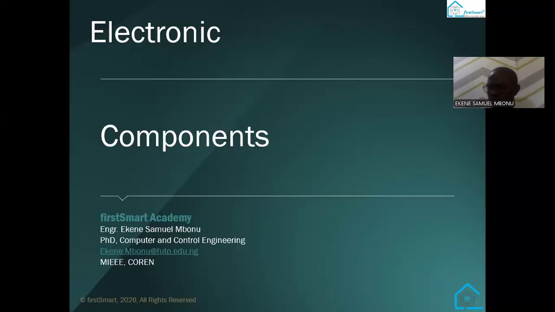If you connect all your ICs and you didn't power the IC, there is no way your system can work. So today we want to pick them one by one. We are starting with resistor.